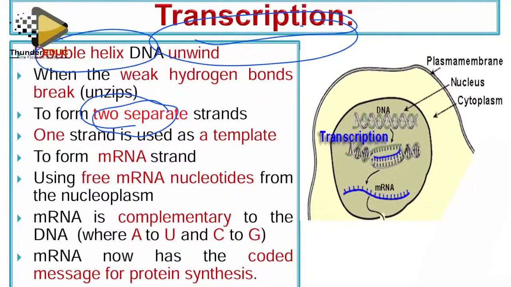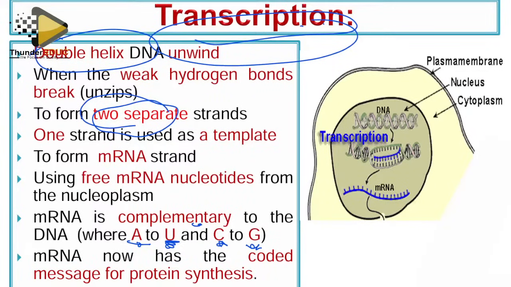A messenger RNA which is complementary to DNA is formed. Let me be clear here. It's better to say that adenine is complementary to, use the word complementary. Why? Because here we talked about complementary. Adenine is complementary to uracil, and guanine is complementary to cytosine.